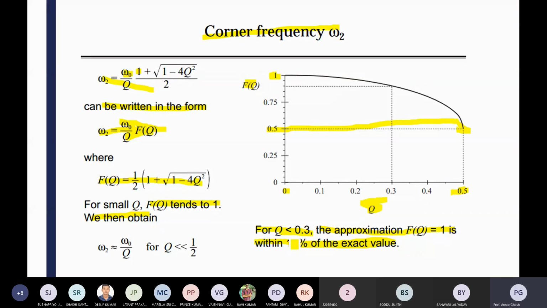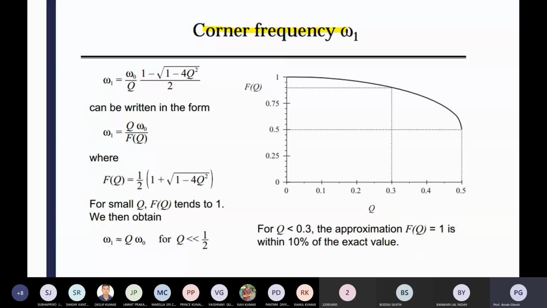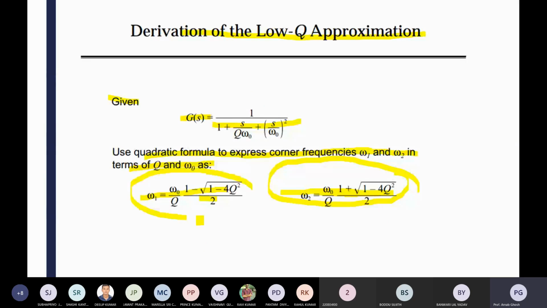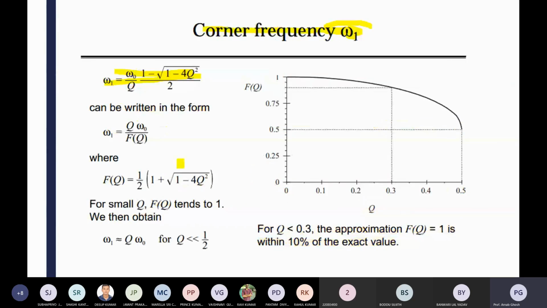The same thing applies for the crossover or corner frequency omega 1. You get the expression of omega 1 from the formula, so you are able to retain the functions of omega 1, and the fq value can be calculated in this manner.